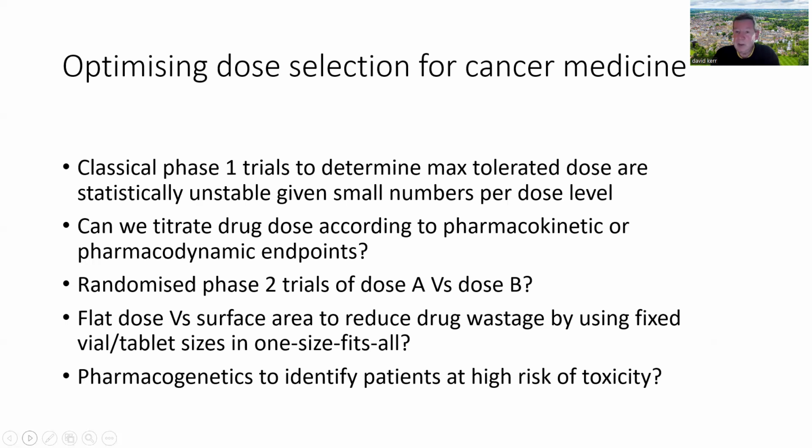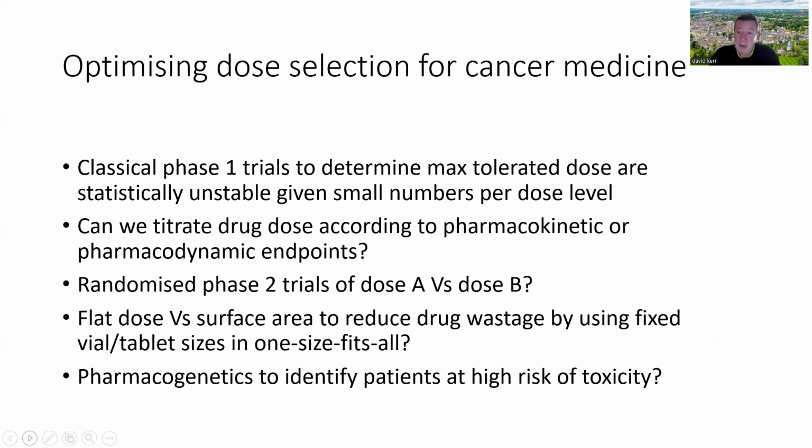We do this with carboplatin, for example, but there are few examples in which we titrate drug dose according to the function of those organs which are involved in metabolism and excretion. And therefore, I think we should be much more widely thinking about the concept of flat dosing, and to provide that dose within a single vial so that there's no wastage.